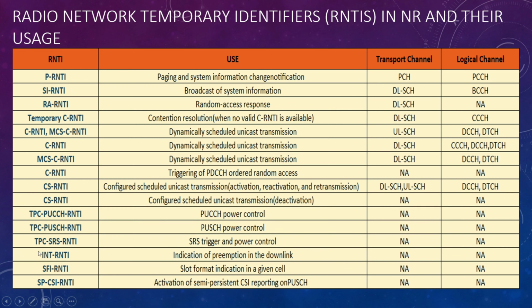And now we can see INT-RNTI, that is the indication of the preemption in downlink that I have already discussed. SFI-RNTI, this is for the slot format indication in a given cell. Now SP-CSI-RNTI, activation of the semi-persistent CSI reporting on PUSCH. So these are the uses and their mapping.